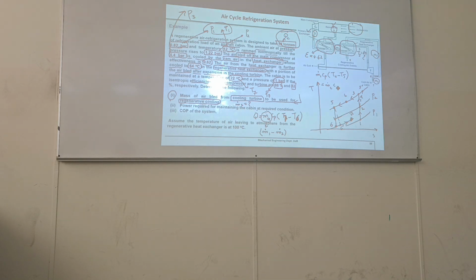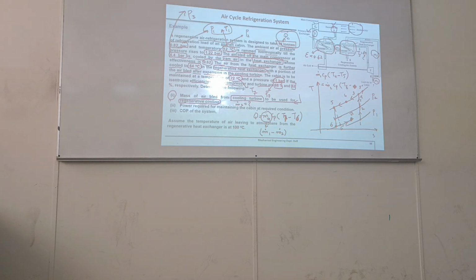Cp, what will be the temperature change? 8. T6 minus T8 or T8 minus T6, because it will absorb heat. This fluid will absorb heat, this fluid will gain heat. No, the other, this fluid is losing heat, this is absorbing heat.